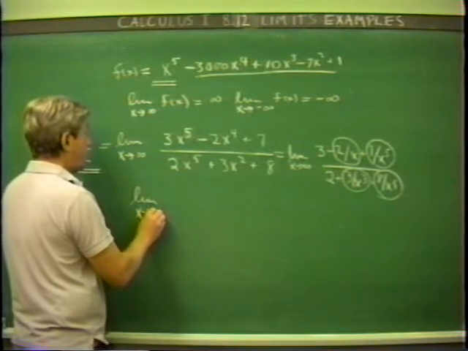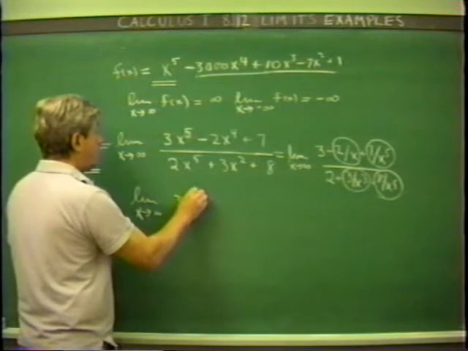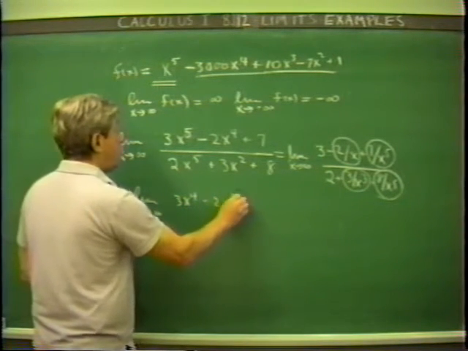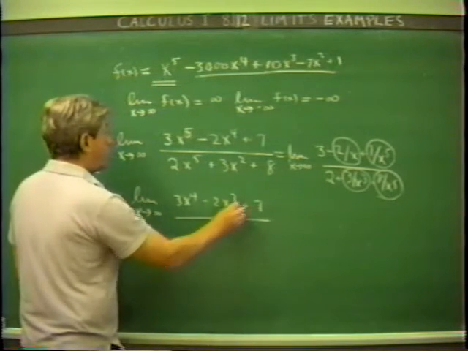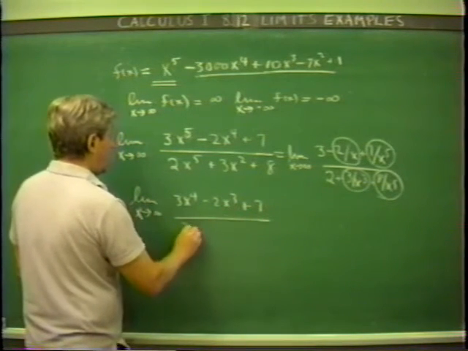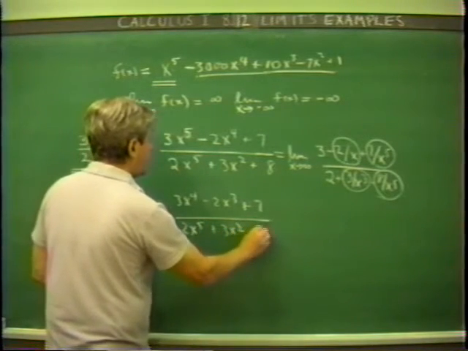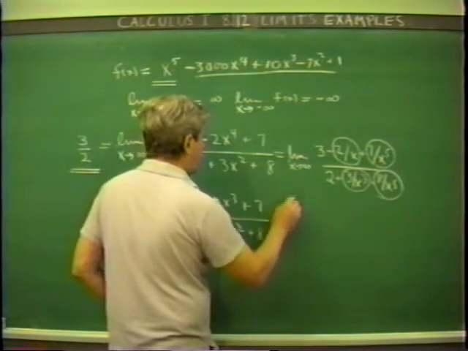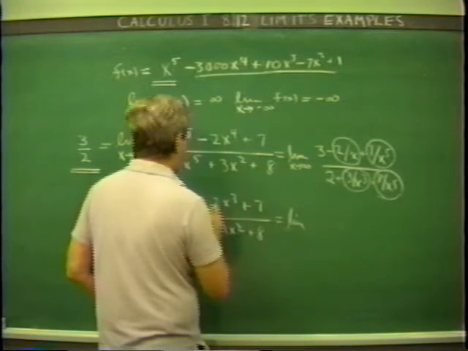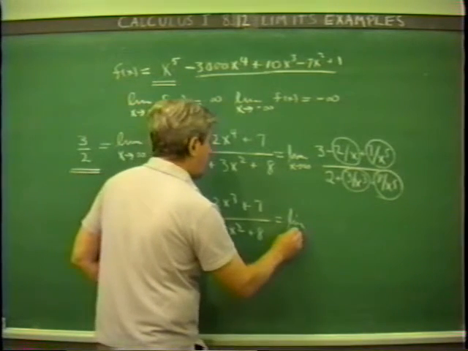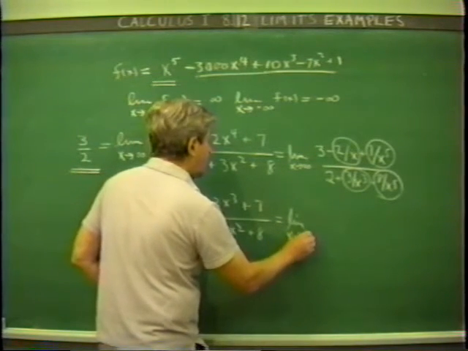What happens if the exponent in the denominator is larger? Let's look at the limit as x approaches infinity of 3x to the fourth minus 2x cubed plus 7 over 2x to the fifth plus 3x squared plus 8.